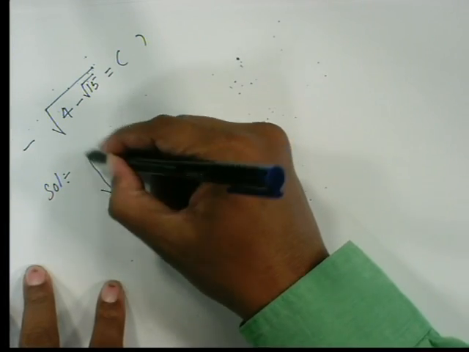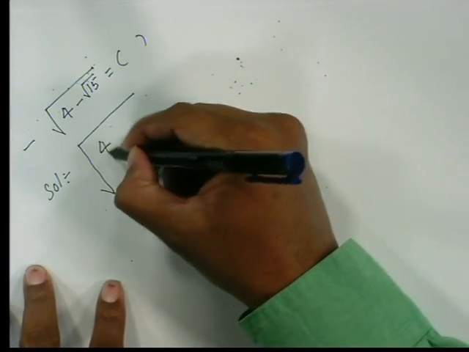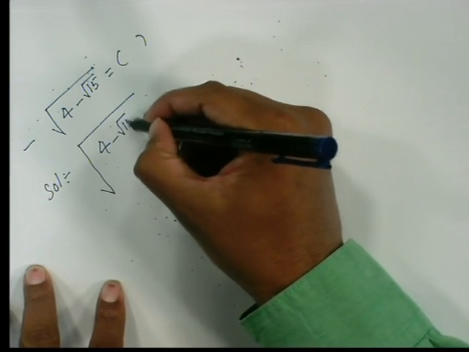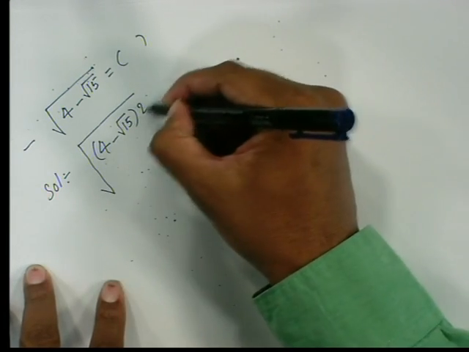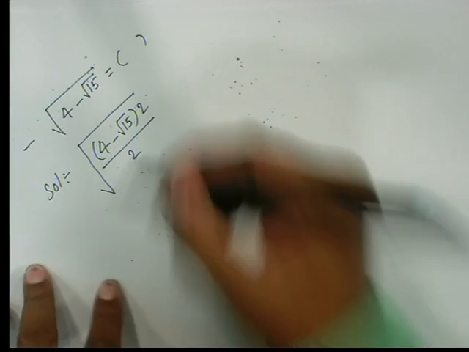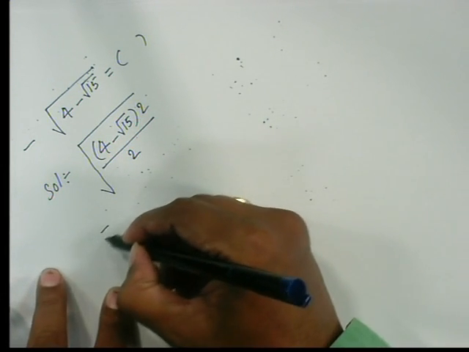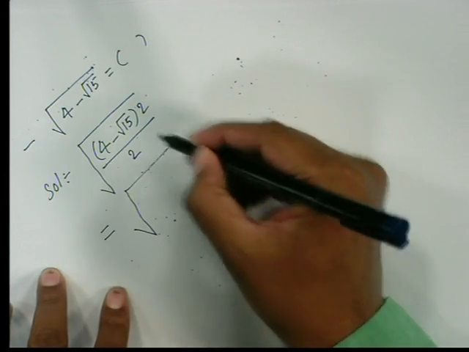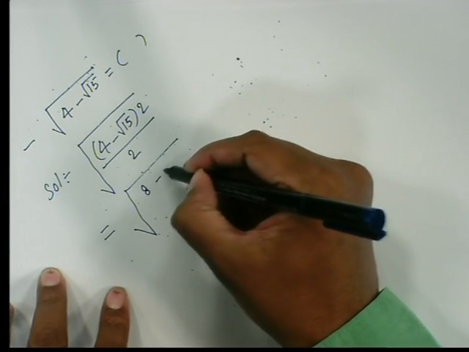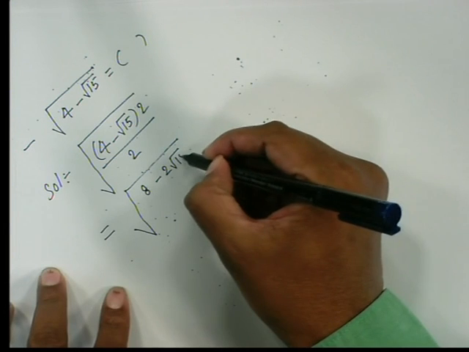Under the square root itself, multiply with 2 and divide by 2, so that this problem can be solved very easily. Now, this can be written as 4 minus root 15 multiplied by 2 and divided by 2. Now this is equal to square root of 8 minus 2 root 15 by 2.